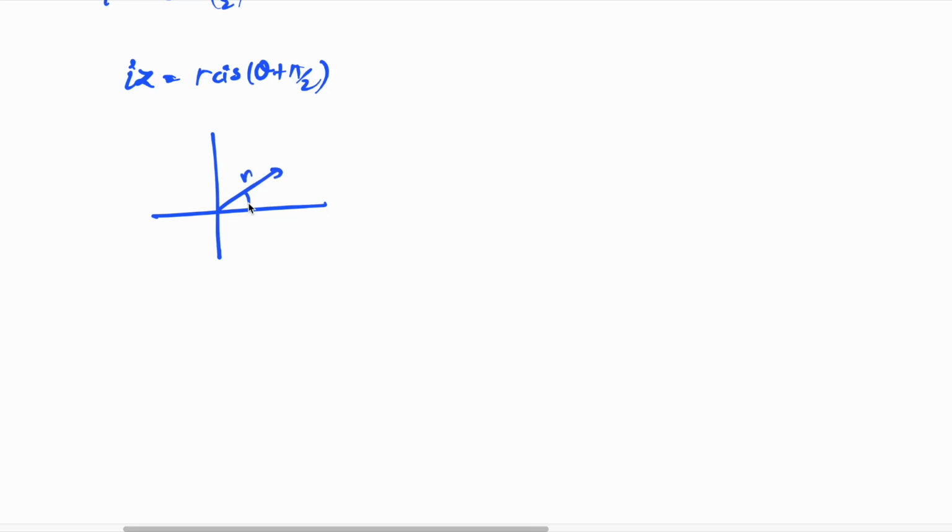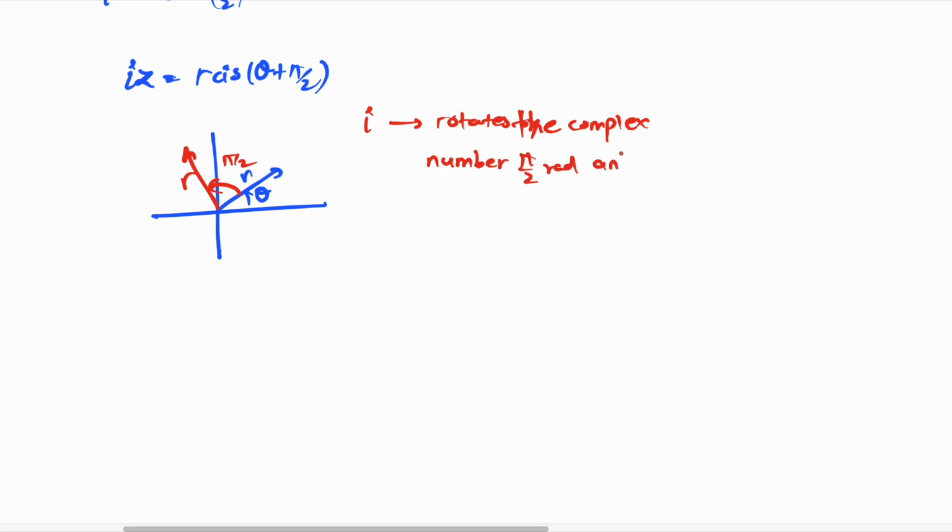So from r, theta, it will become r, theta plus pi by 2. So multiplying with i rotates the complex number pi by 2 radians anti-clockwise.